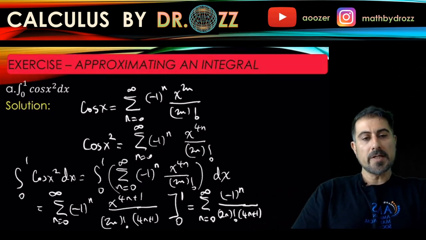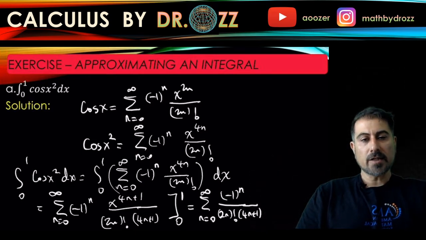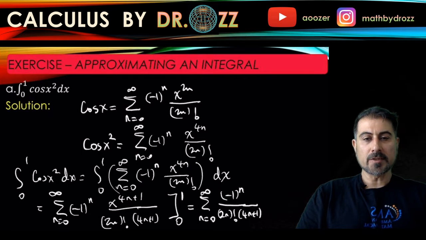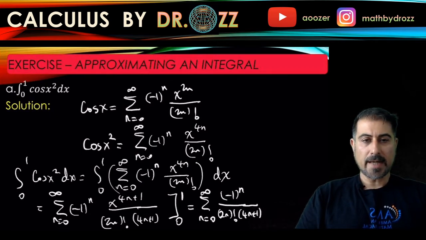So at this moment, I suggest you go back and check the description of the alternating series remainder theorem. Let me just explain that in a few words here.